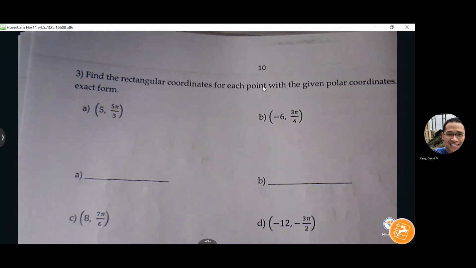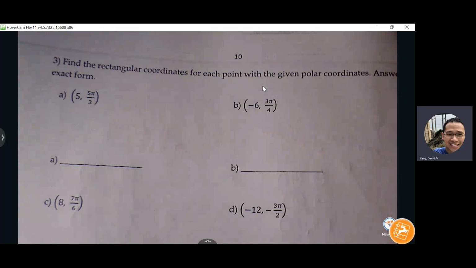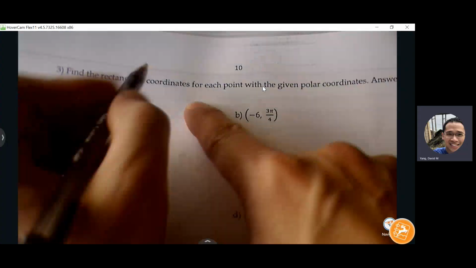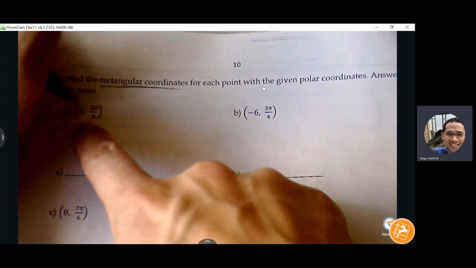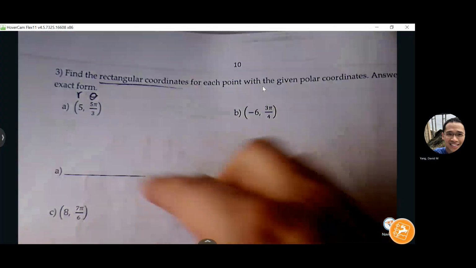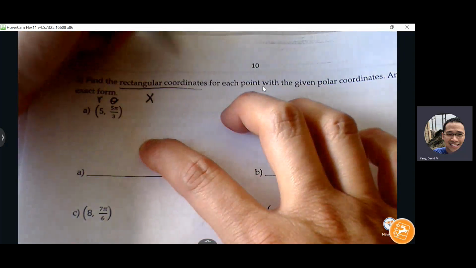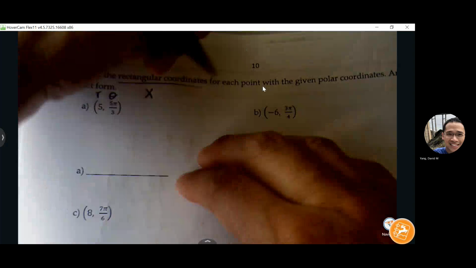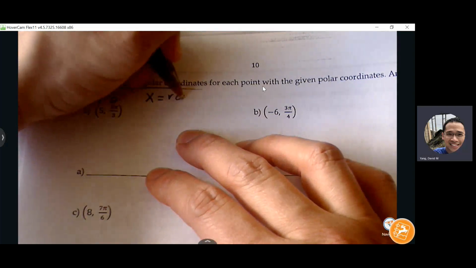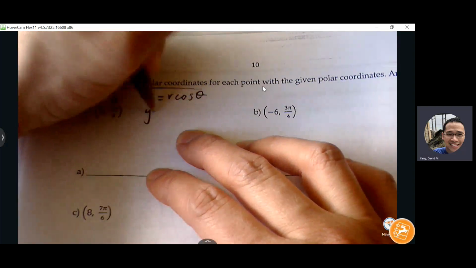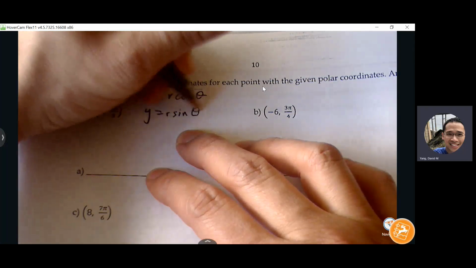Page 10. Find rectangular coordinates for each point with the given polar coordinates. So there's a formula to get from r, theta into x and y. And that's x is r cosine theta, and y is r sine theta.